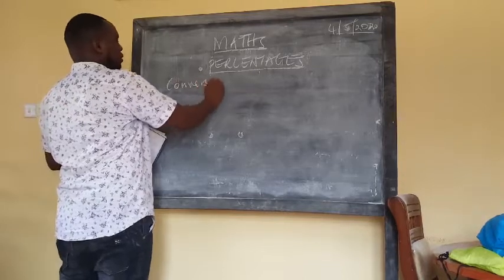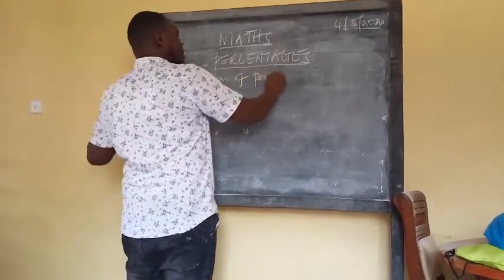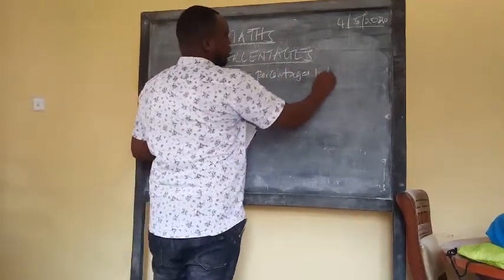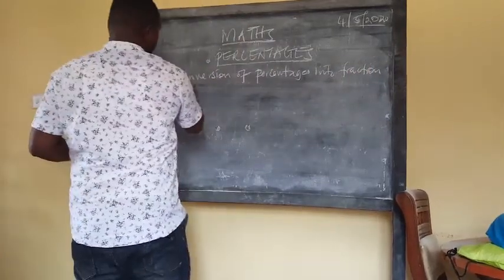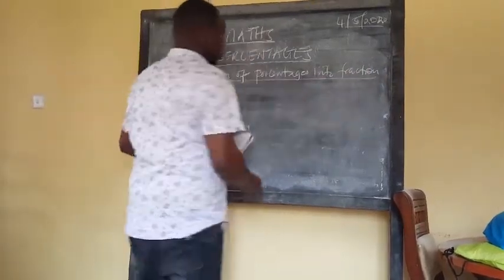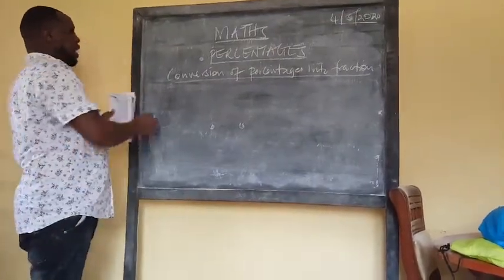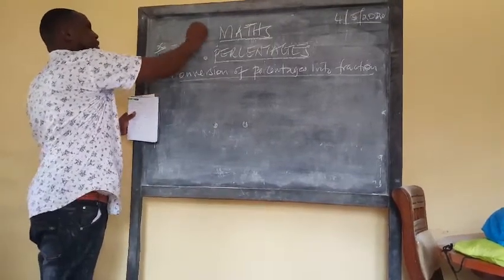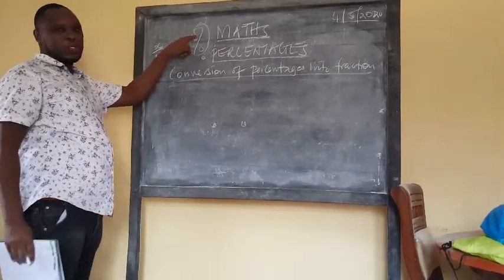So going back to our first subtopic, our first subtopic is conversion of percentages into fraction. Conversion of percentages into fraction. You'll realize that we can write percentage as x over 100 or x with this sign here, a slash and two small zeros.